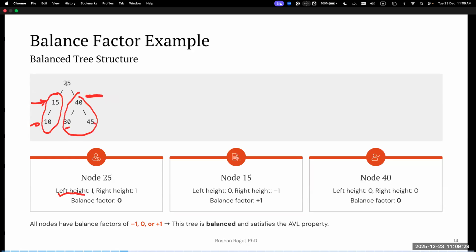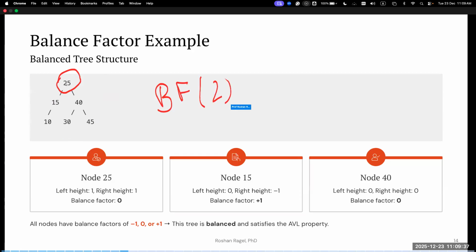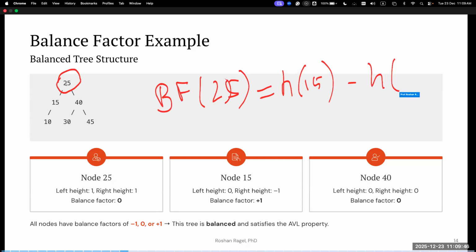So if you take a node, because that is what we want, right? If you want to find the balance factor of 25, it is going to be the height of the subtree starting with 15 minus the height of the subtree with the root 40, right? So we are talking about the height of these two, because that is how the definition goes.